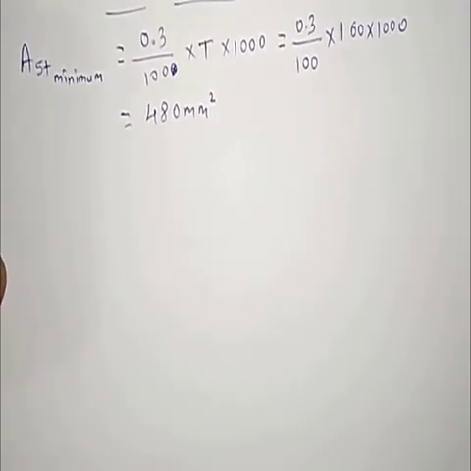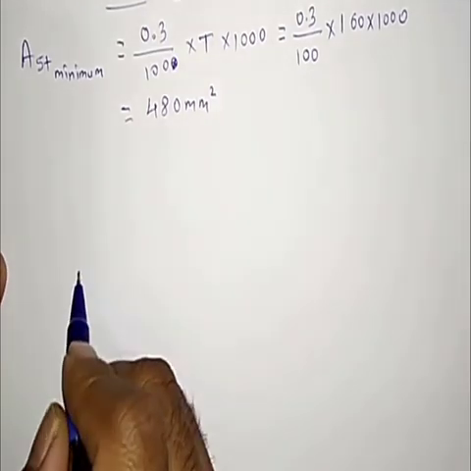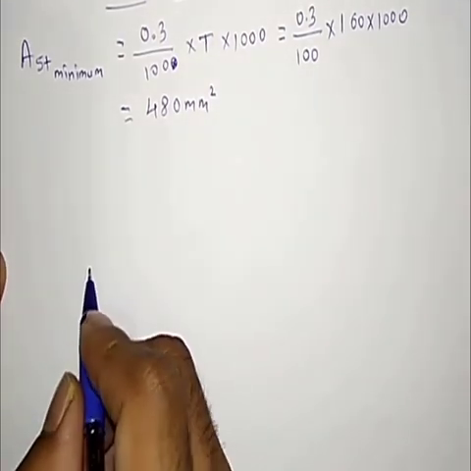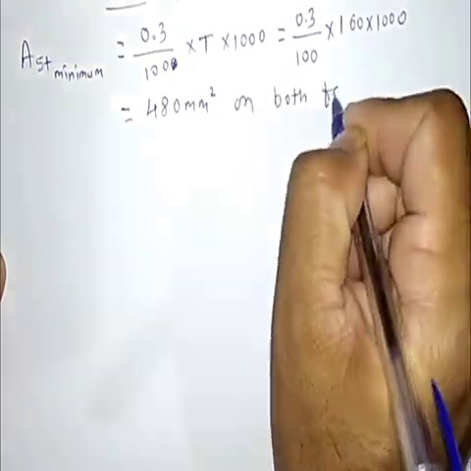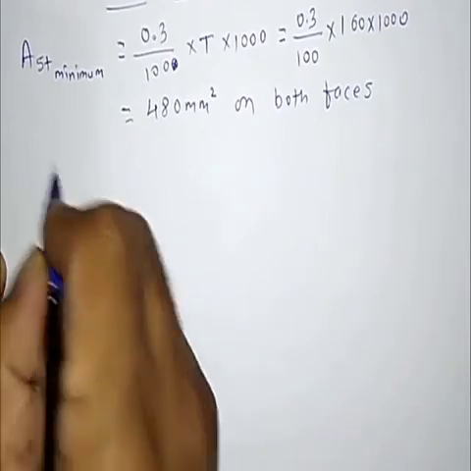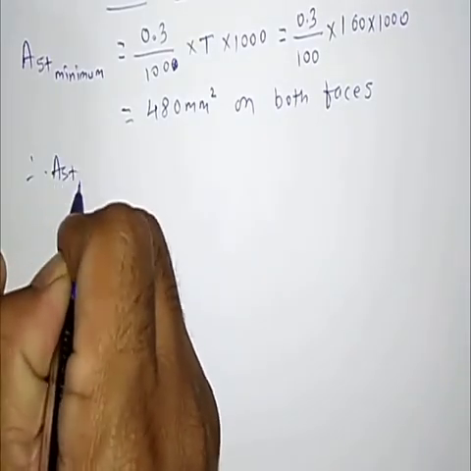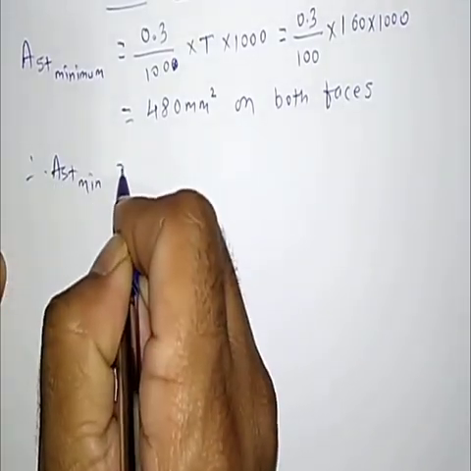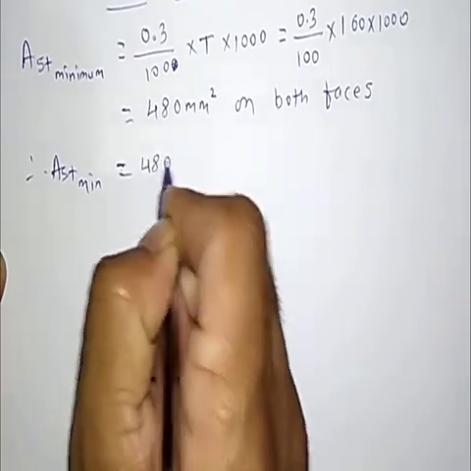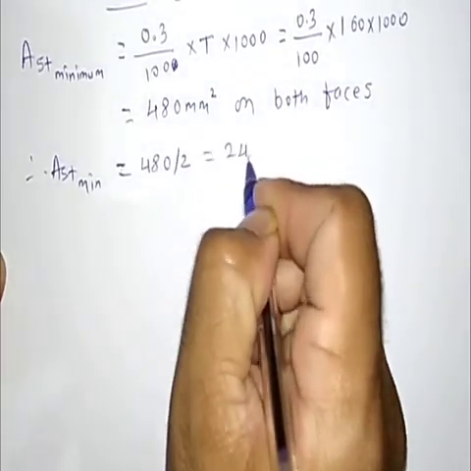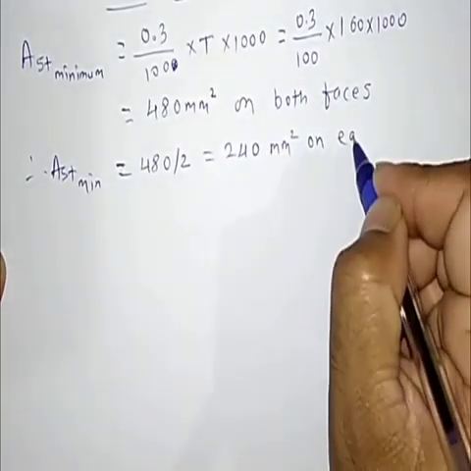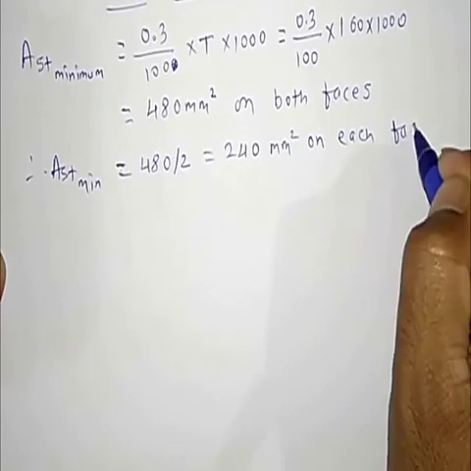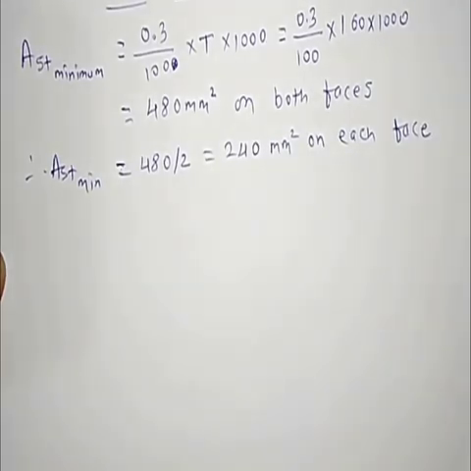This is on both the faces. Therefore AST minimum is equals to 480 divided by 2, that is 240 mm square on each face.